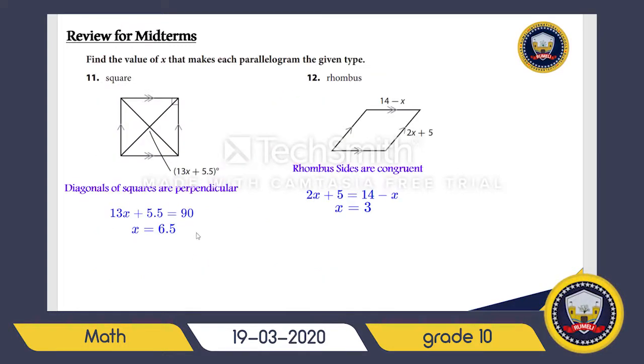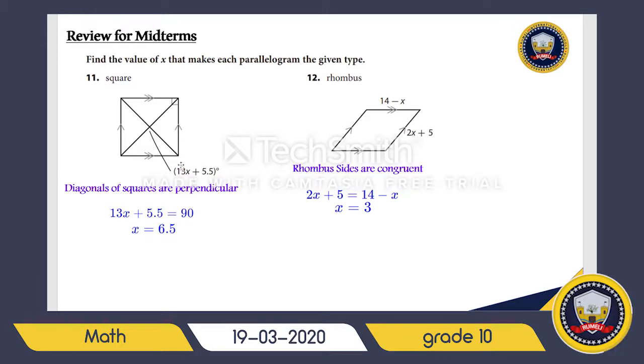Now, find the value of x that makes each parallelogram the given type. Here I'm asked to find x such that this shape is a square. Now, I'm given only one angle that is 90 degrees. I'm not given the others. And I'm given that this angle here is 13x plus 5.5 degrees.